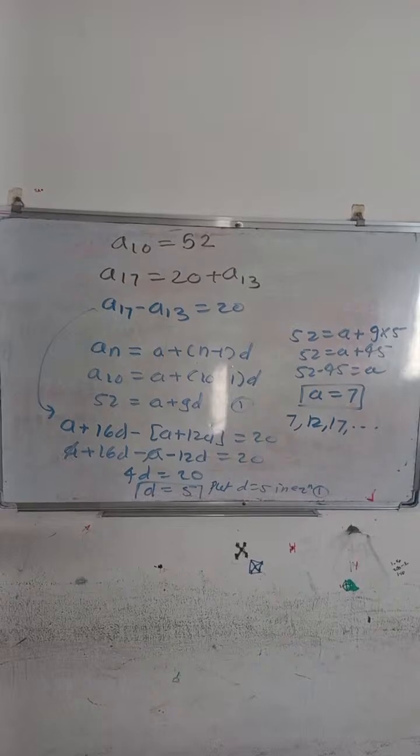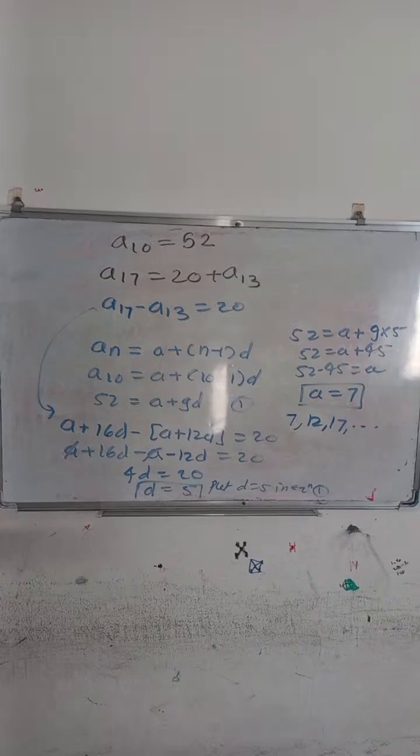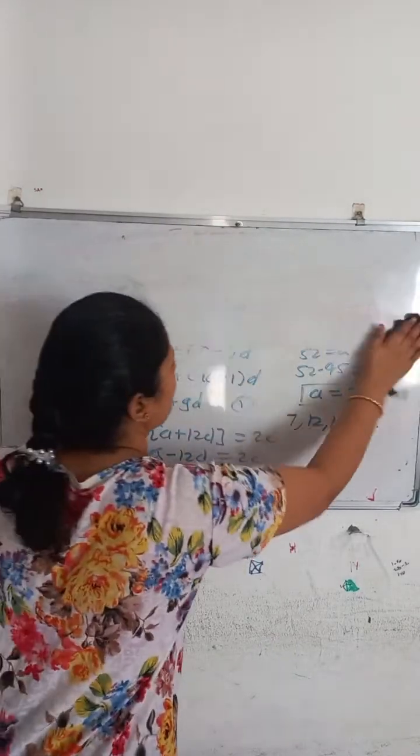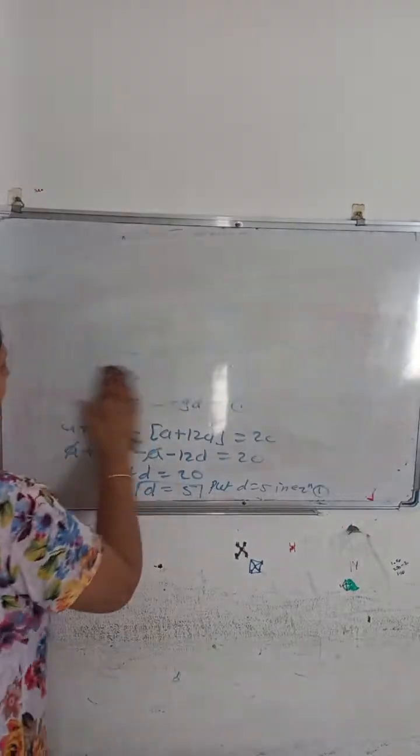An AP consists of 50 terms, which means n is equal to 50.